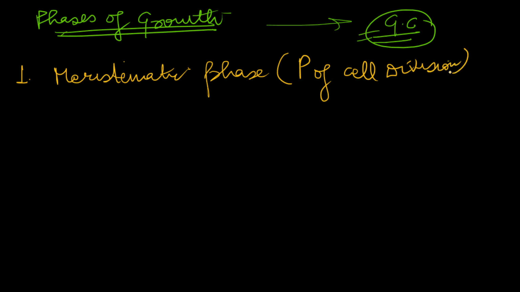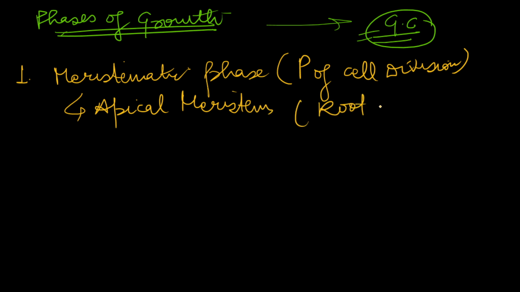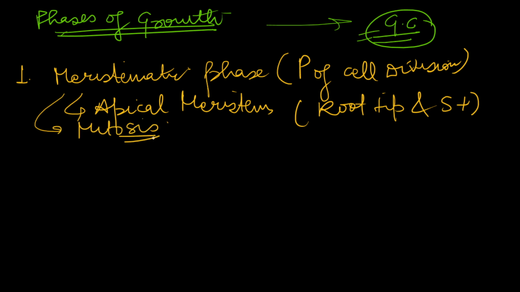It occurs in apical meristems, that is the root tip and shoot tip, and here the division is by mitosis. So here you will find that there is an increase in cells. Instead of too much increase in size, the number of cells increases. This will be the meristematic phase.